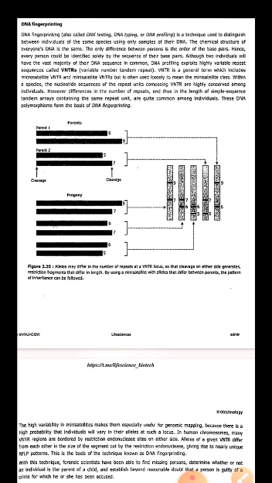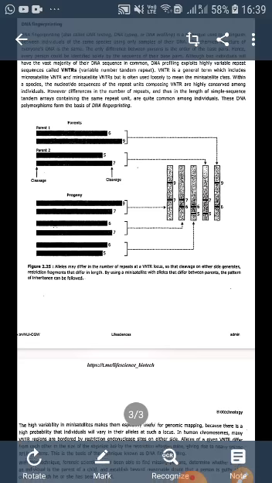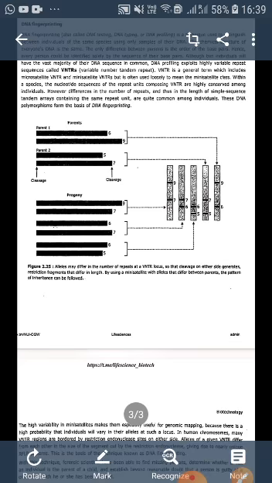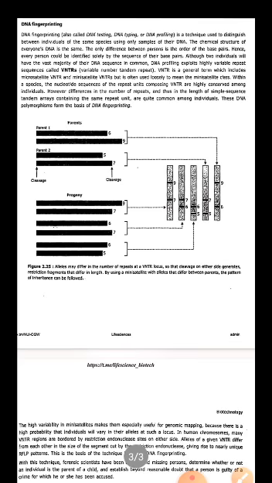So alleles of a given VNTR differ from each other in the size of a segment cut by a restriction endonuclease, giving rise to a nearly unique RFLP pattern. RFLP, restriction fragment length polymorphism pattern, is the basis of the technique known as DNA fingerprinting.